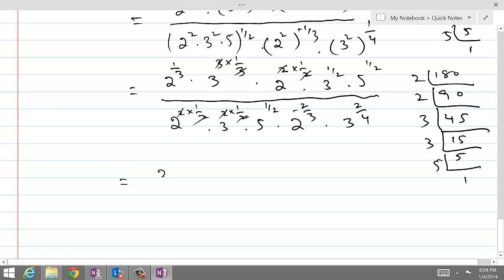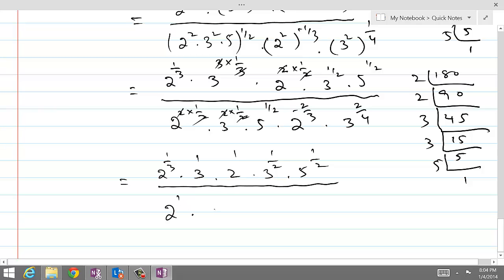We are left with 2 power 1 over 3, 3 power 1, 2 power 1, 3 power 1 over 2, 5 power 1 over 2, divided by 2 power 1, 3 power 1, 5 power 1 over 2, 2 power minus 2 over 3, 3 power 1 over 2, because 2 by 4 is the same as 1 by 2.